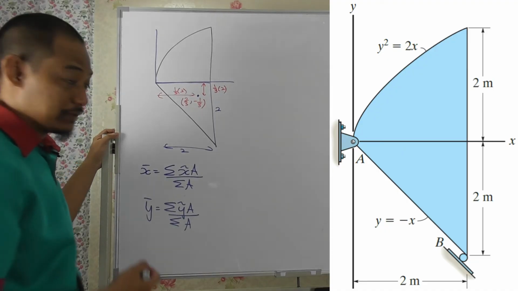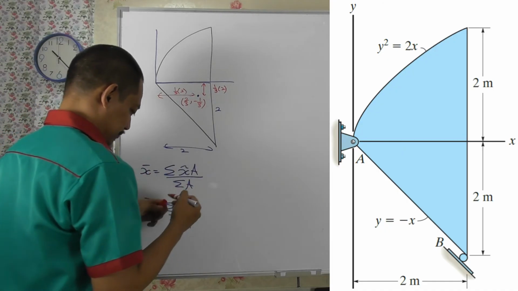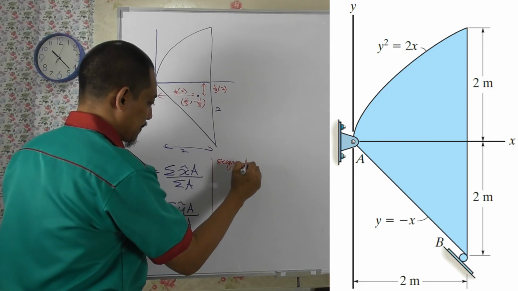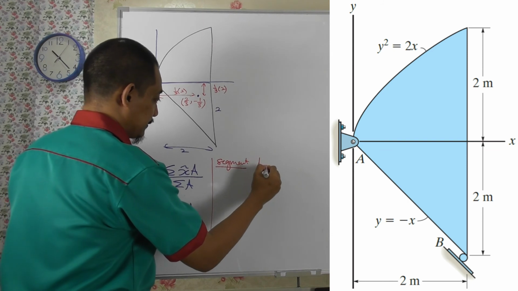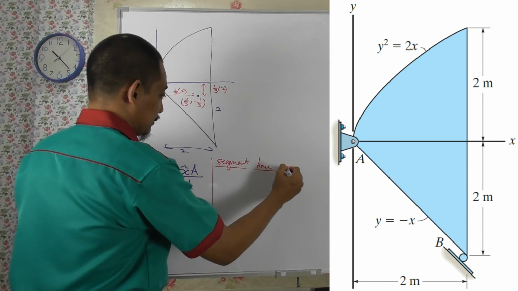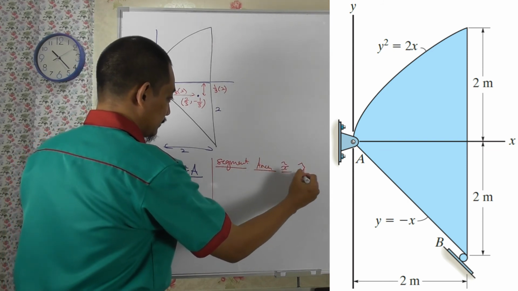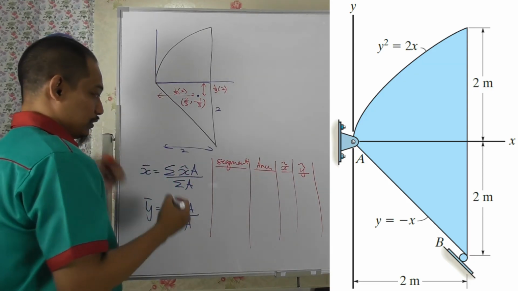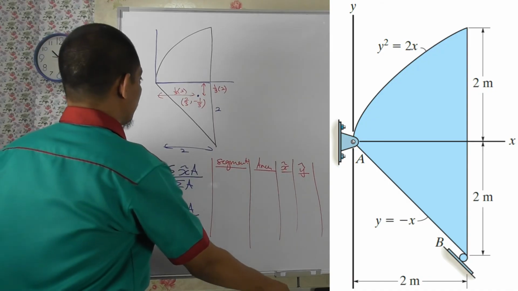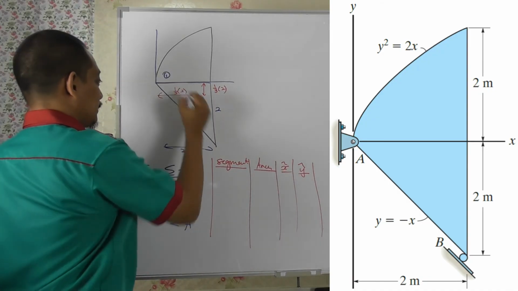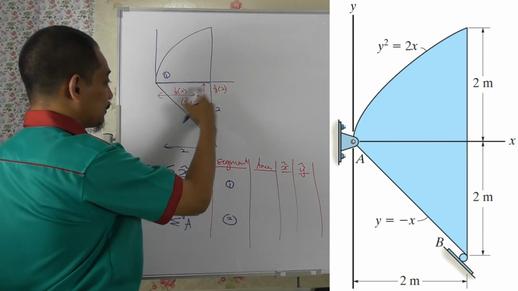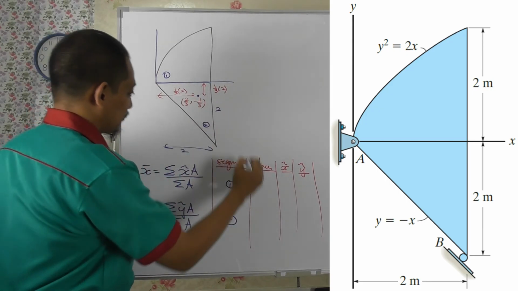So if you do the table, for example, segment, and then area, and then x with y with, and so on. If I label this segment 1 and segment 2, so for segment 1, the area is basically half times 2 times 2, right?